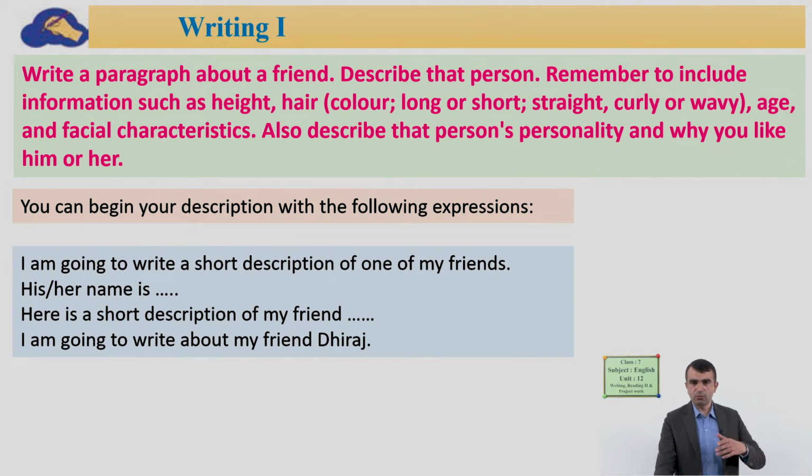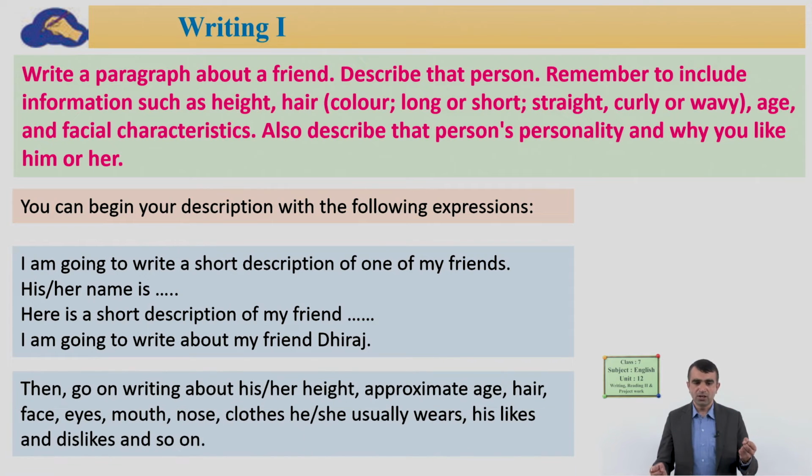Okay, and then when you start that way, go on writing about his or her height, approximate age, hair, face, eye, mouth, nose, clothes he or she usually wears, his likes and dislikes, and so on. So many things you can describe, can't you? You have learned the ideas from the previous reading as well as the grammar you learned in this unit.